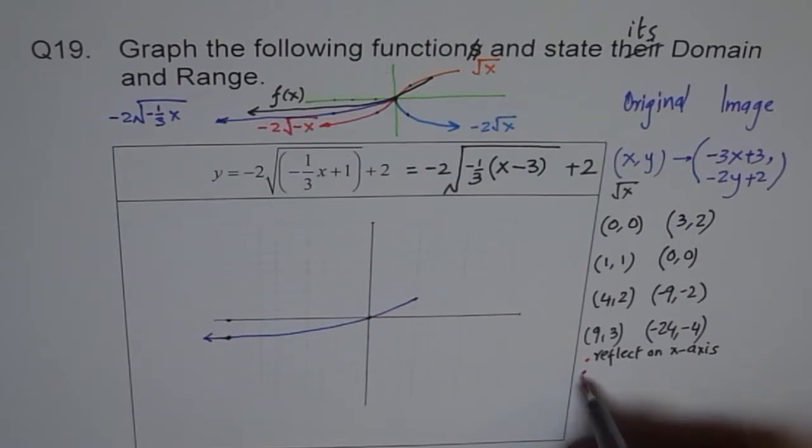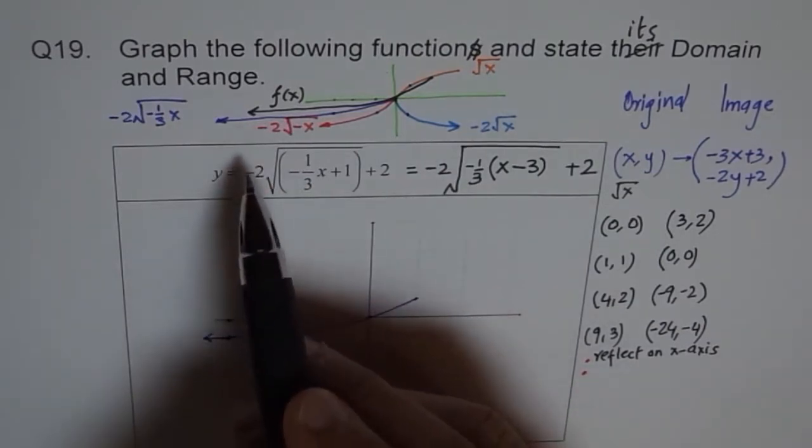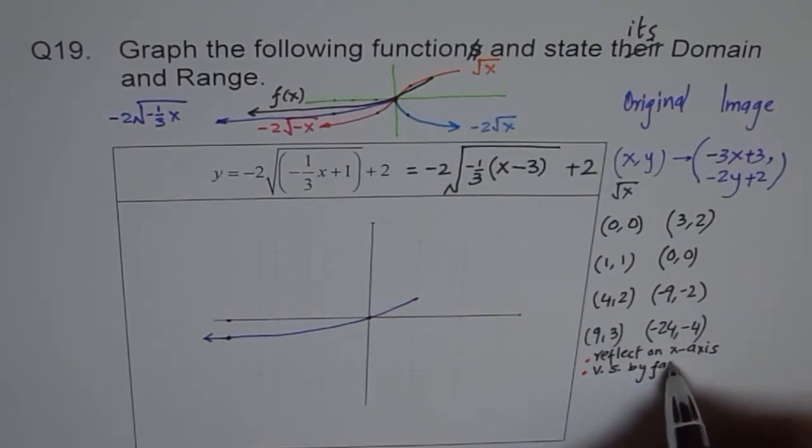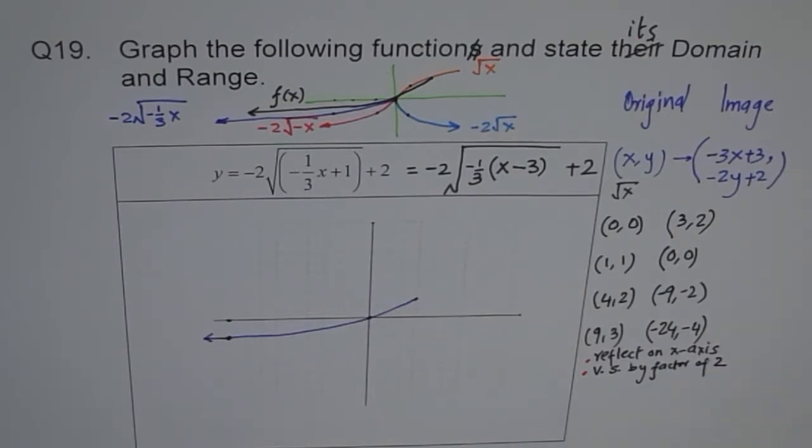Second is vertical stretch by a factor of 2. Important word is factor. If you don't write factor, then we are not sure whether you want to add or multiply by 2. So vertical stretch by factor of 2 is important, right?